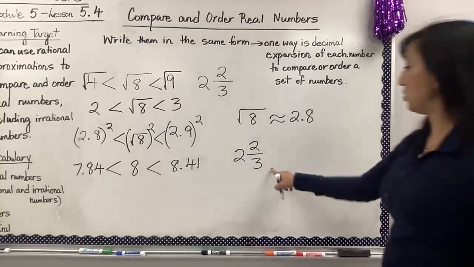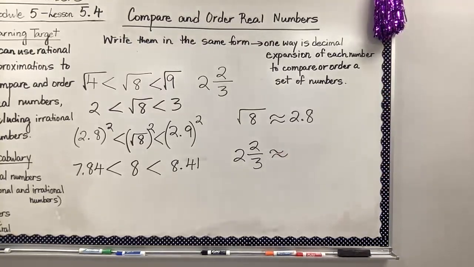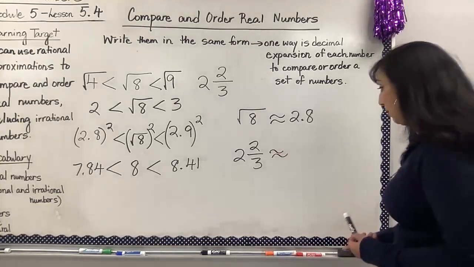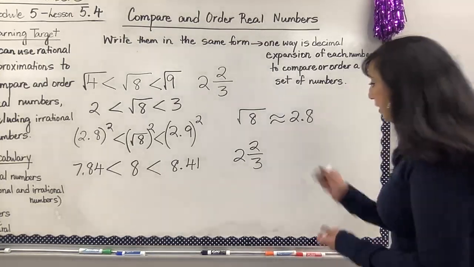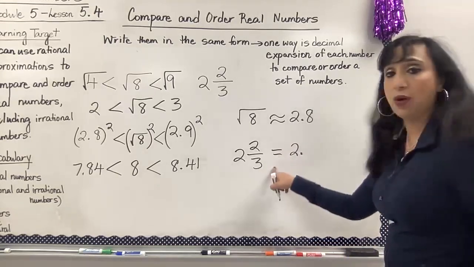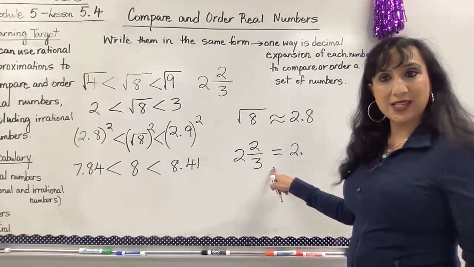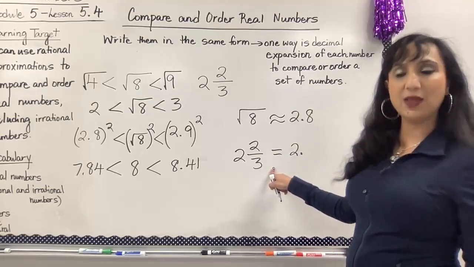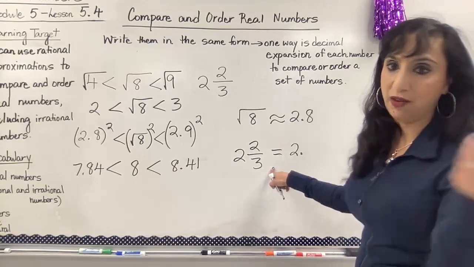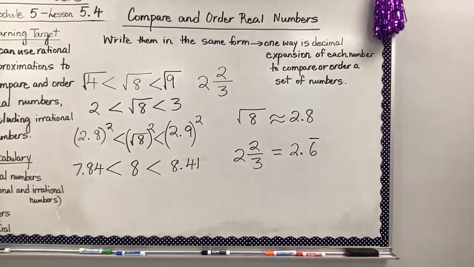So in this case, actually it's not an approximation, it's the actual one in this case. So this is equal to 2 and 2/3, which is 2 and 6/10 with the 6 constantly repeating, right? So this is the value of this one.